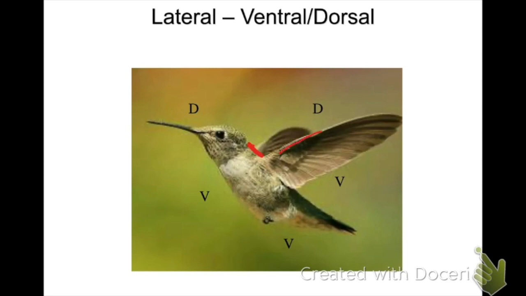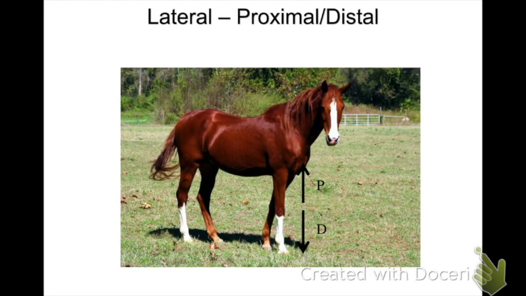This is the dorsal surface of the wing, whereas ventral surface of the whole bird, ventral surface of the wing. Remember, proximal and distal, that's limbs. So in relation to the connection to the body, if it's further away than another part, we call that distal.